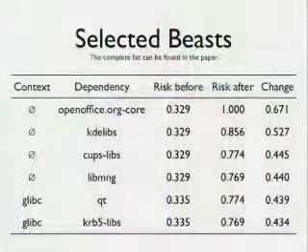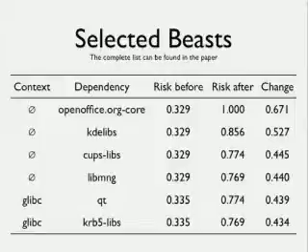And when I have no significant change in a more general context for this dependency, and the risk goes up when I add the dependency, I call that a beast. And when the risk goes down, we call it a beauty. And these are just a few of the beasts that we have found.